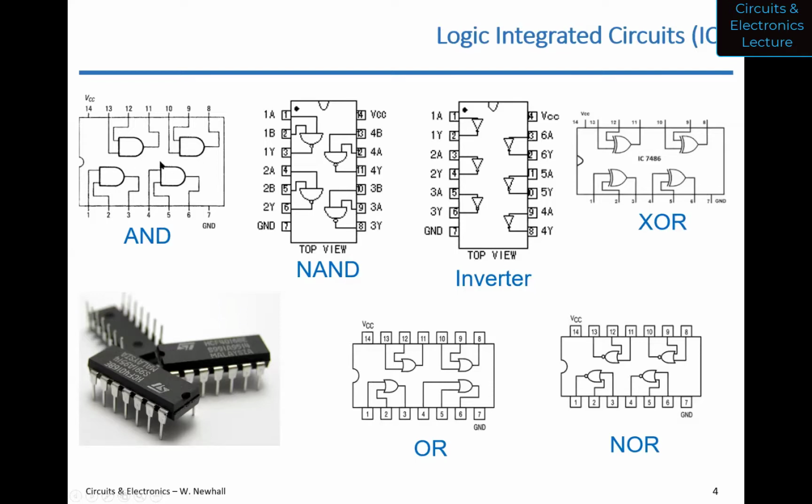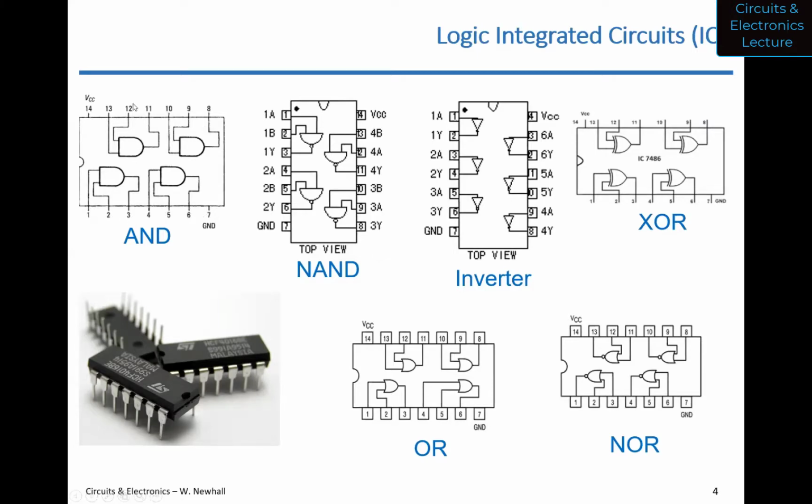So if we look, for example, at the upper left, this AND gate shows 4 AND gates in this one chip. And so you have the cartoon of the chip and the pinouts, right? So on chips, it's common to have this notch or maybe a dot, and pin 1 is always to the left of that. Look in the data sheet, but typically it's to the left of that notch, looking from the top.